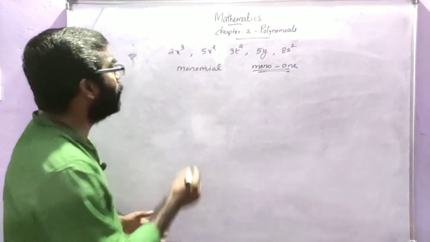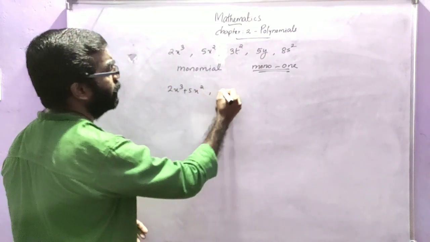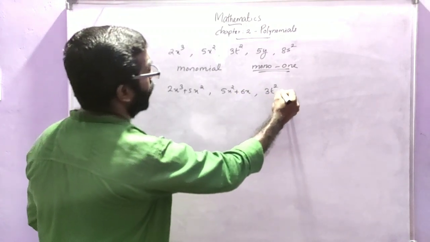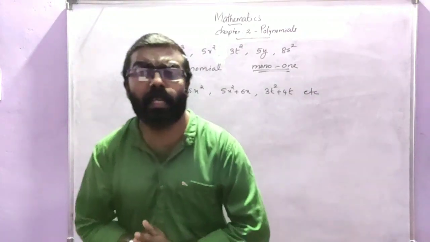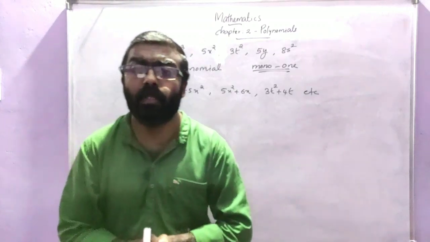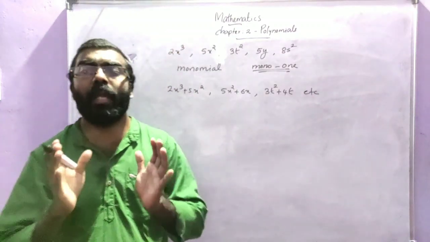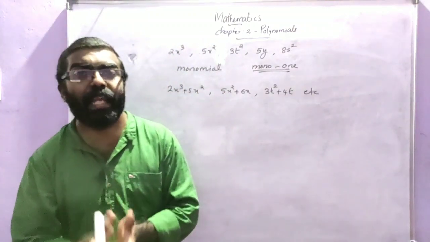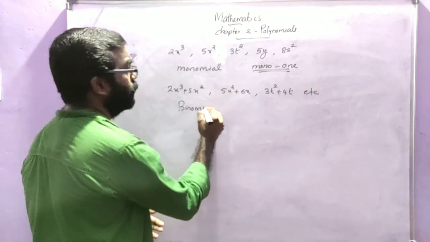Now observe the following polynomials: 2x cube plus 5x square, 5x square plus 6x, 3t square plus 4t, etc. How many terms are there in each of these? Each of these polynomials has only two terms. Okay, and the polynomials having only two terms are called binomials. Bi means two.